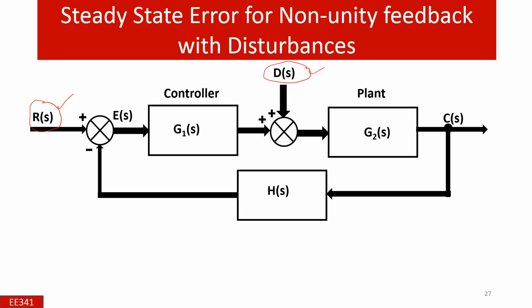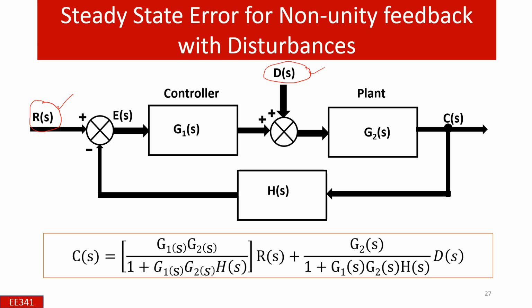By combining both relations for the output, we find something like this one. This output part is achieved when the disturbance is 0, and similarly this part can be achieved when R(s) is equal to 0.